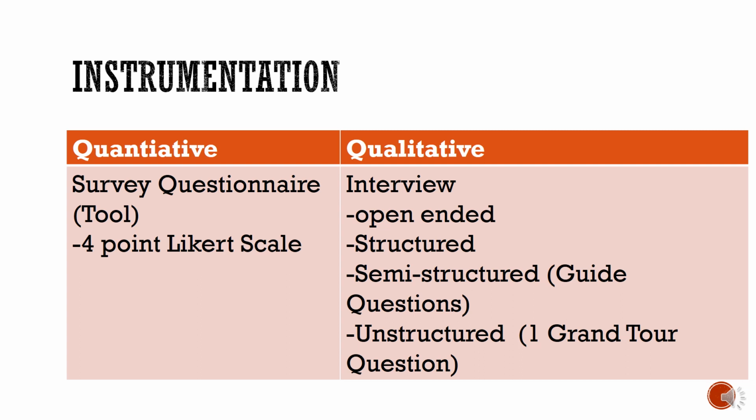That's why we make use of a semi-structured interview, which are just guide questions that you only use if the participant mentions or answers those questions, because the follow-up question should be based on the response of your participant. Then last, yung unstructured, you only have one grand tour question. And then, based on their initial response, that is where your follow-up questions will happen.